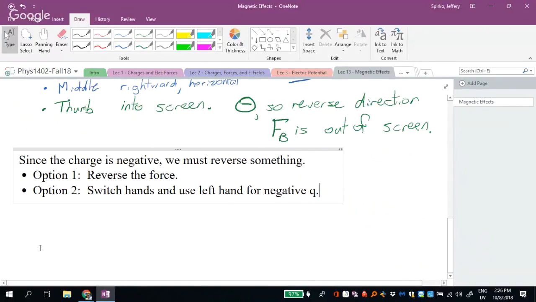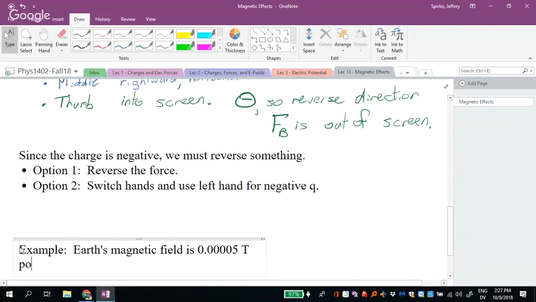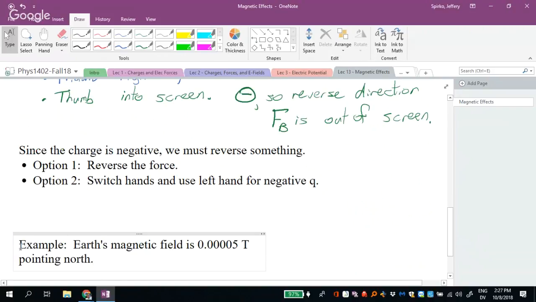Okay, let's do another example. Well, Earth's magnetic field has approximately that value.